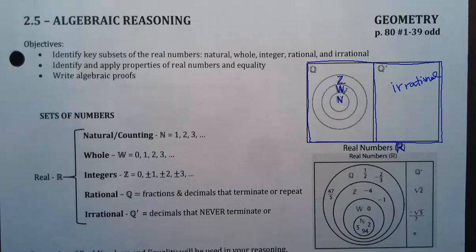Notice that our natural numbers are 1, 2, 3, 4, 5, our counting numbers. They are a subset of the whole numbers. So we might say natural numbers are a subset of whole numbers, because they're inside of there. And we could also say that whole numbers are a subset of integers.